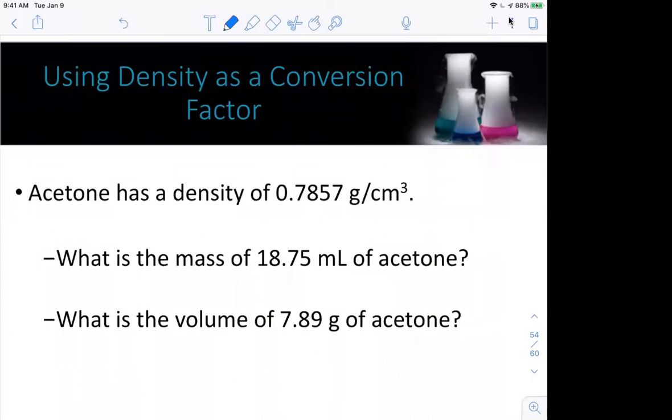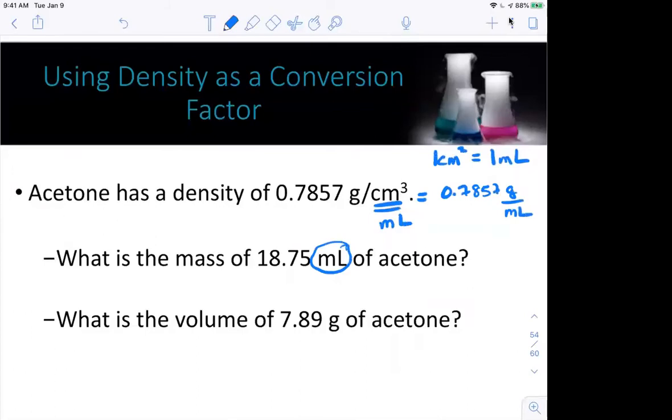Acetone has a density of 0.7857 grams per centimeter cubed. This is also equal to milliliter. Remember, 1 centimeter cubed is equal to 1 milliliter. So if I have 18.5 milliliters, this is also saying it's 0.7857 grams per milliliter. I can interchange centimeter cubed with milliliter.